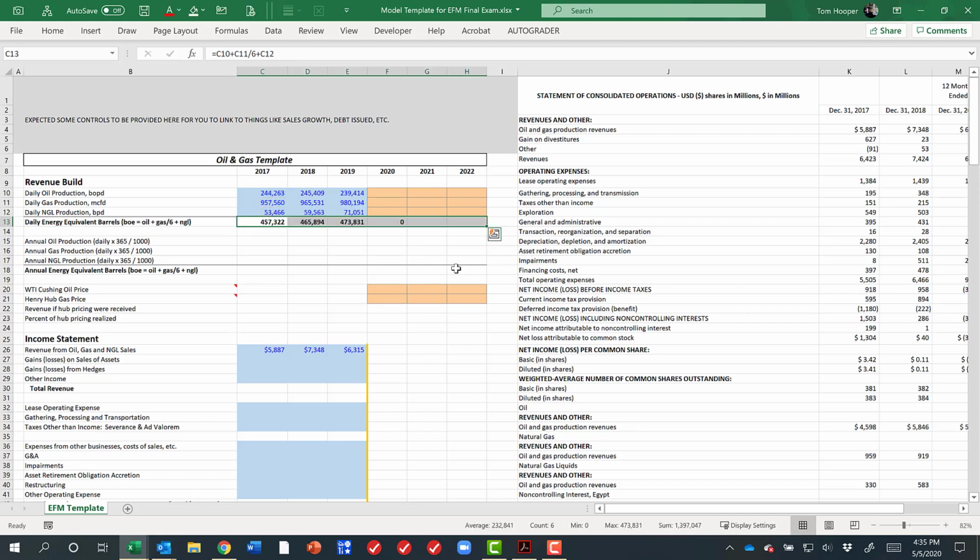Remember to divide by 6 when you're adding the gas in. And copy those formulas to there. This is going to be daily times 365 divided by 1,000. Copy, paste that formula.